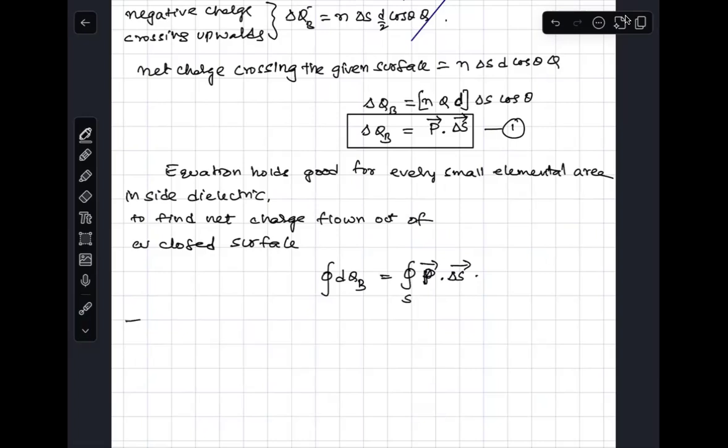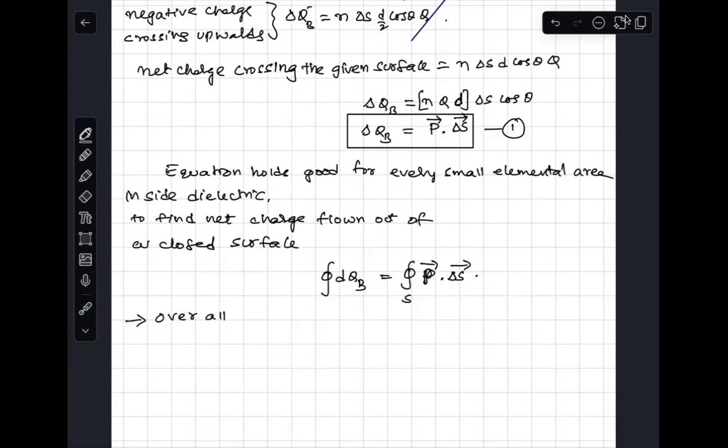Right. Now, we need to identify one point here. Overall, is the dielectric neutral or charged? Any in the class? Because of the fact that I have applied electric field, is the dielectric neutral or charged? Which means you see some net charge? Wrong. Where do you get charge from? Because of polarization.